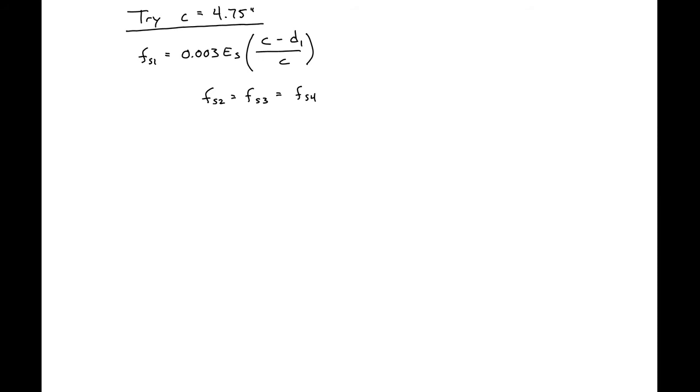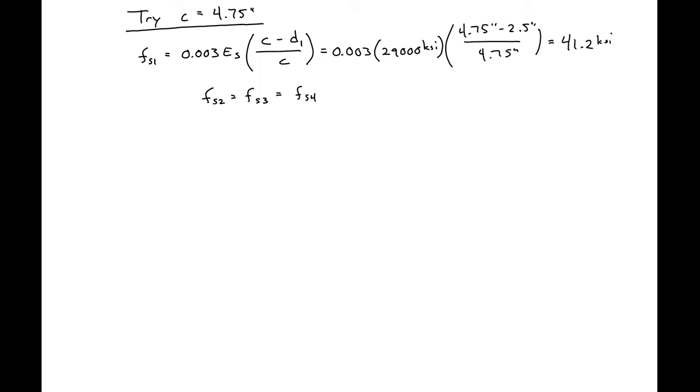And when we decrease our C, we're going to need to recalculate all of our stresses again. So we're going to recalculate our compression stress in our top layer. So 0.003 times 29,000 times (4.75 minus 2.5) over 4.75, which will give us a stress of 41.2 KSI.